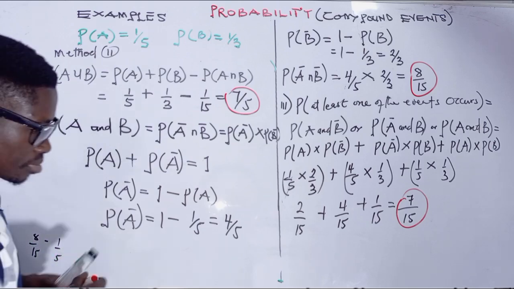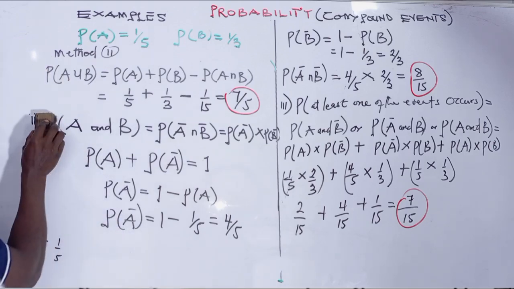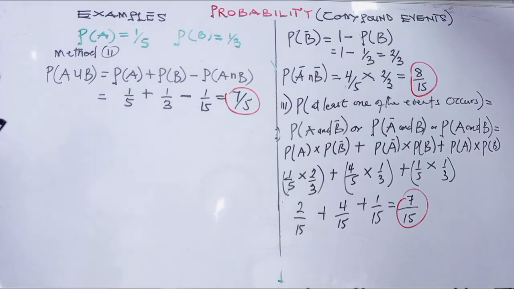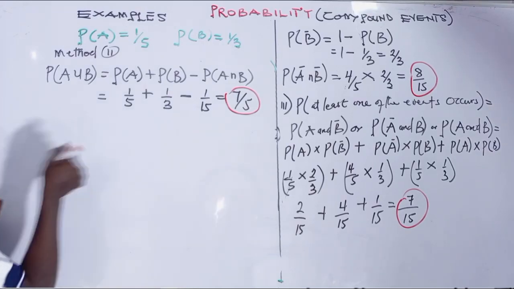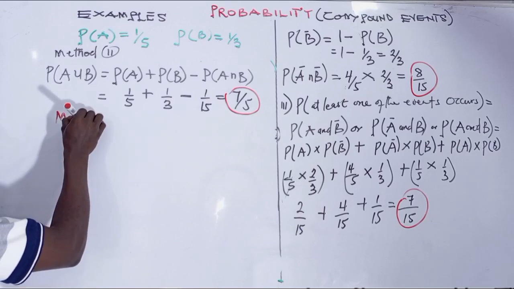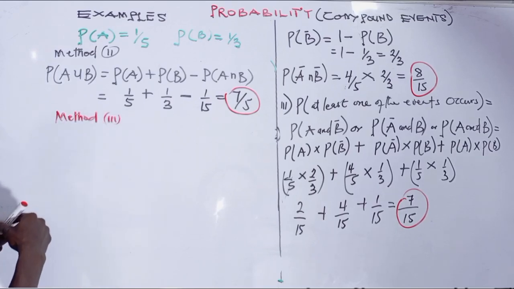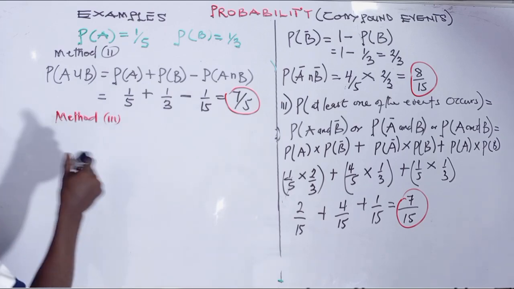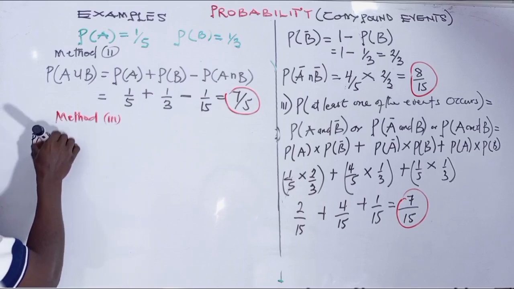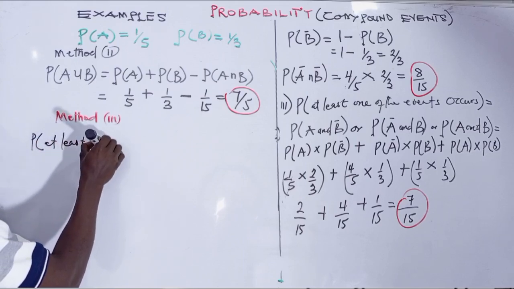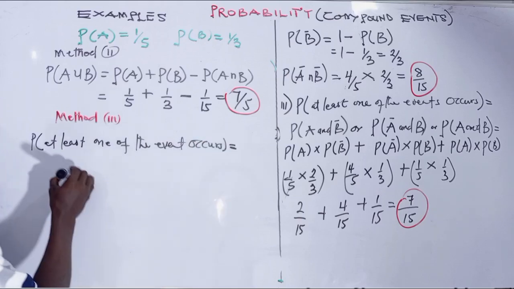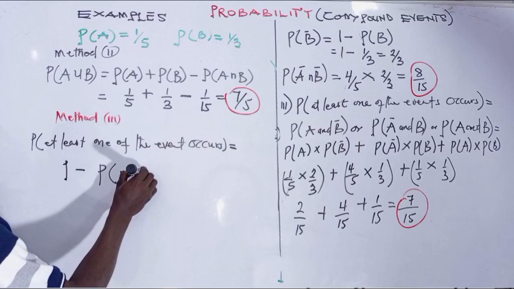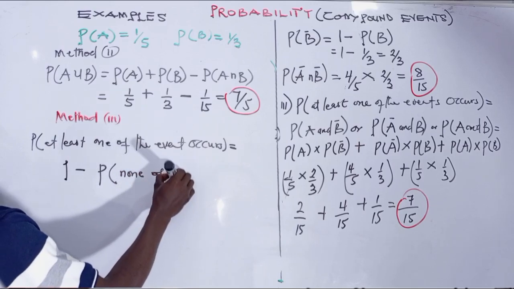We can also use another method. Let's look at that one as well. We can also use method 3. On the same probability that at least one of the events occurs, we can use 1 minus the probability that none of the events, or neither event, occurs.